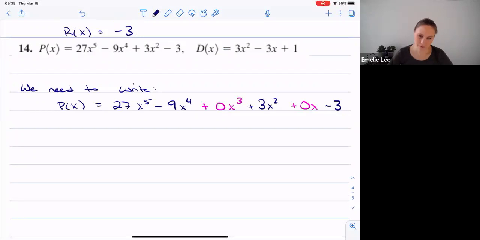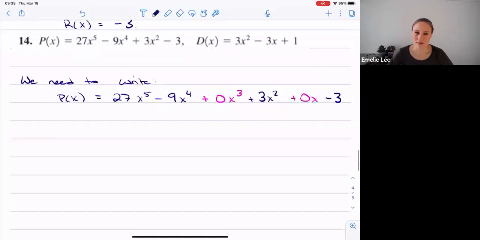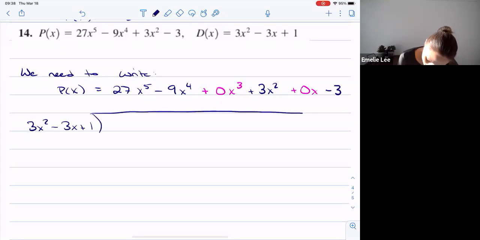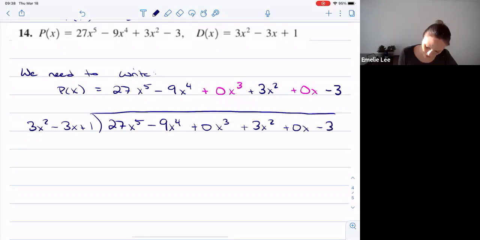Okay, so let's set this up. 3x squared minus 3x plus 1 is going into that big thing that we just set up, 27x to the 5 minus 9x to the 4 plus 0x to the 3 plus 3x squared plus 0x minus 3.